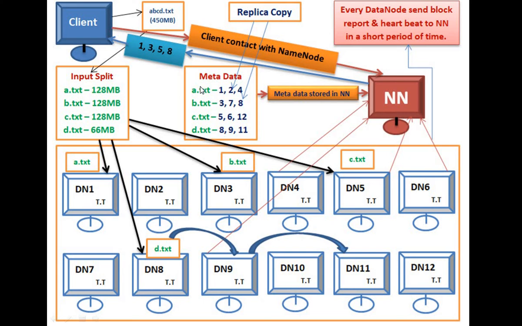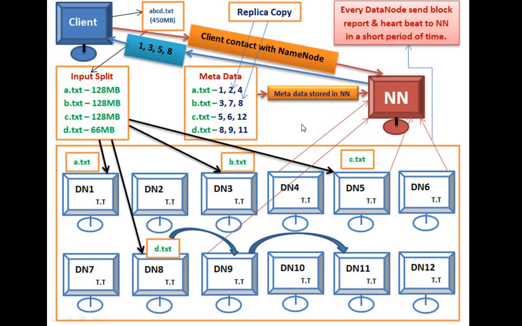So it also has information that the a.txt file is stored on which block on DataNode 1, which block on DataNode 2, and which block on DataNode 4. The NameNode also has the information about on which block and in which DataNode this file is stored. So the NameNode has the complete metadata information about the file.